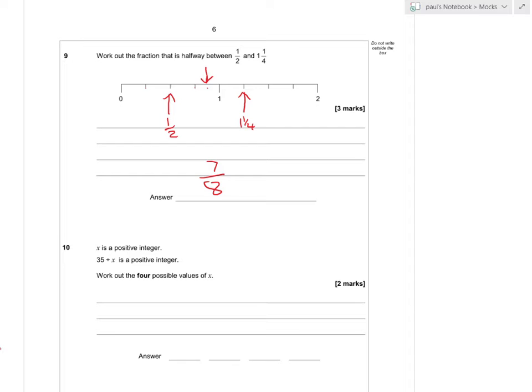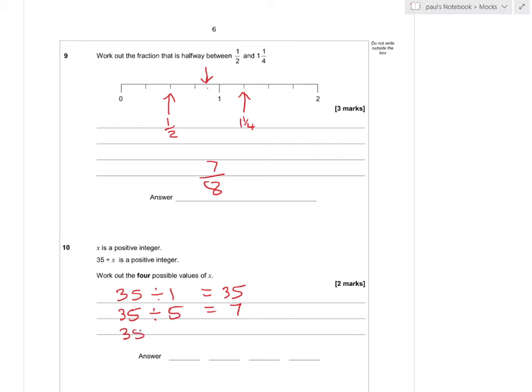So x is a positive integer, a whole number. 35 divided by x is positive. Work out 4 possible values of x. 35 divided by x. Well, it's factors of 35, isn't it? 35 divided by 1 equals 35. 35 divided by, what's the next positive number? 5 is the next one, so that'll be 7.